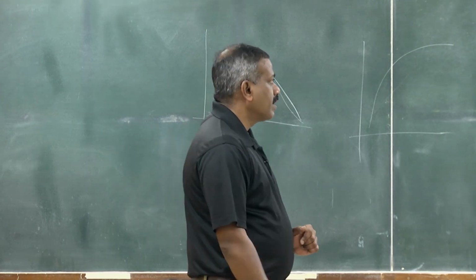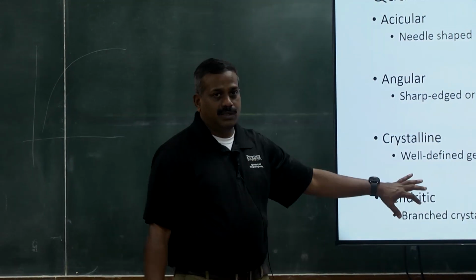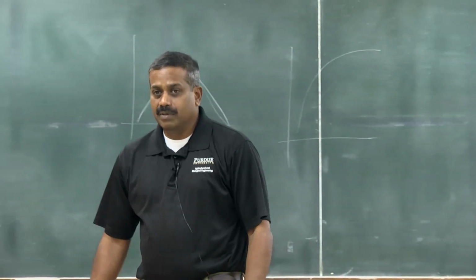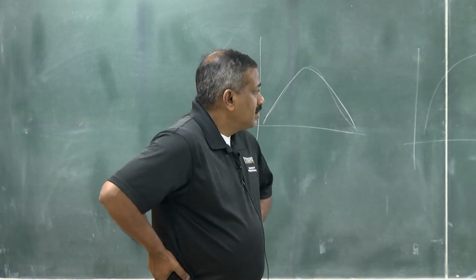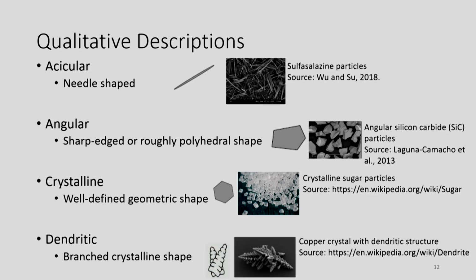You might see lots of these different shapes. I will not be going into examples here. Some are for food and some are for pharmaceutical solids, but when you take any type of powder, you might see different shapes, right?